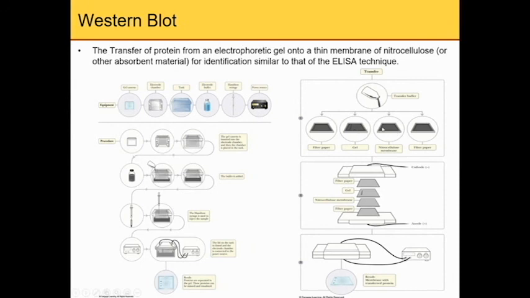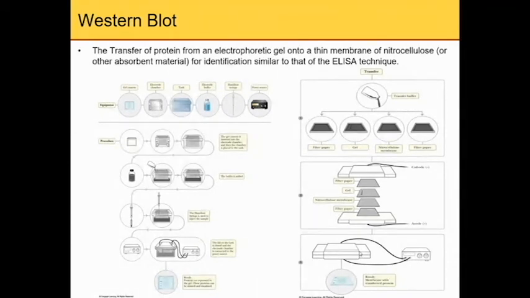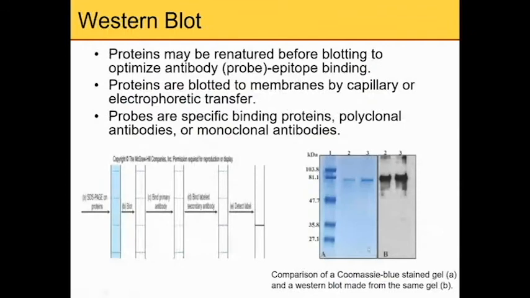Right after you transfer to the membrane, you incubate the membrane with an antibody, a specific antibody that you want to use to find your target protein, and if the target protein is present, then you will see the signal. So like this result here.